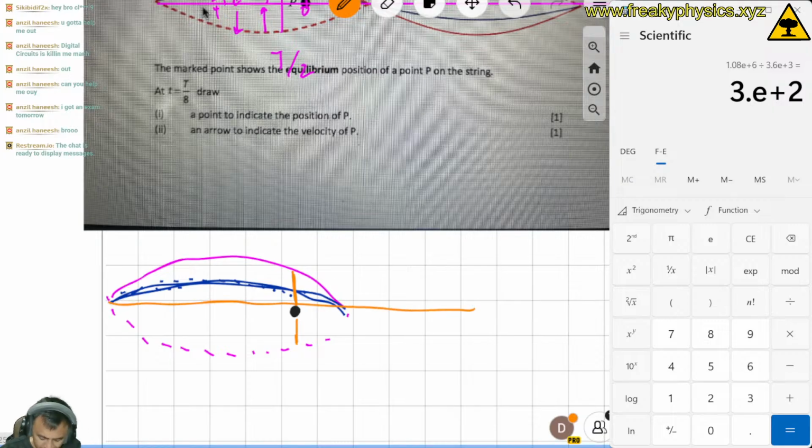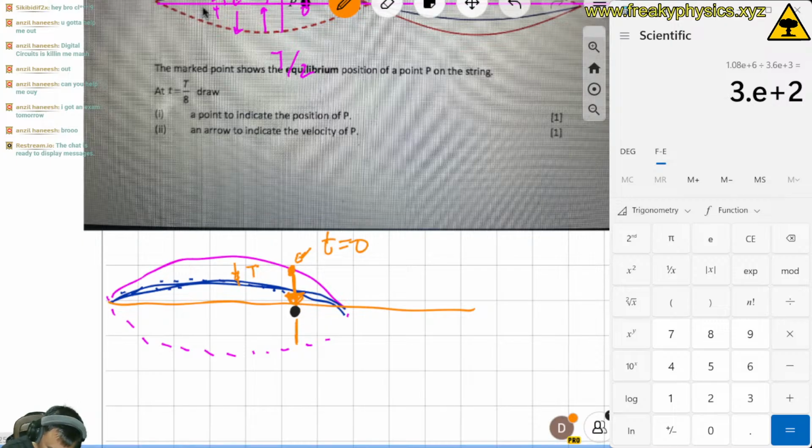And always remember that oscillation has to go back and forth. If you start from here, because it says this is t equals 0, that's where you start. So from here, the only way you can go is down.